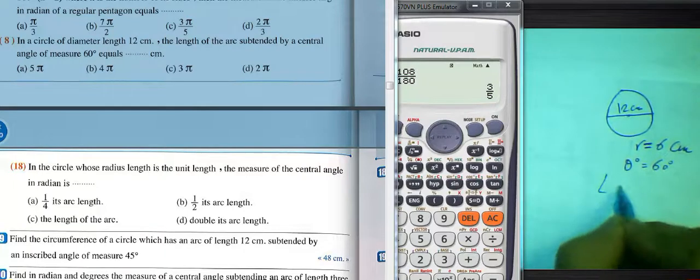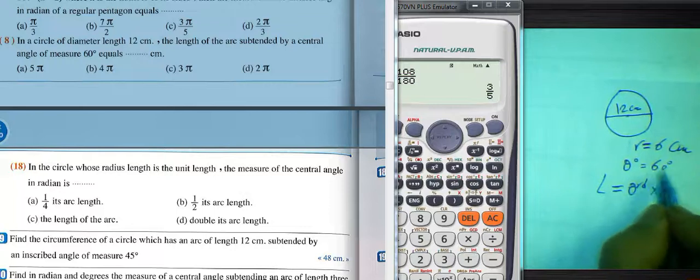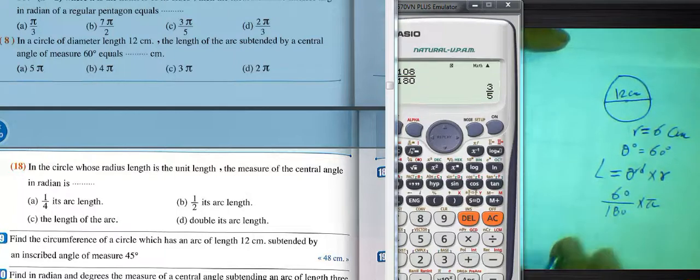We know L equals theta radian multiplied by the radius. Theta radian we can convert: 60 over 180 multiplied by pi. You can solve it here in one step.